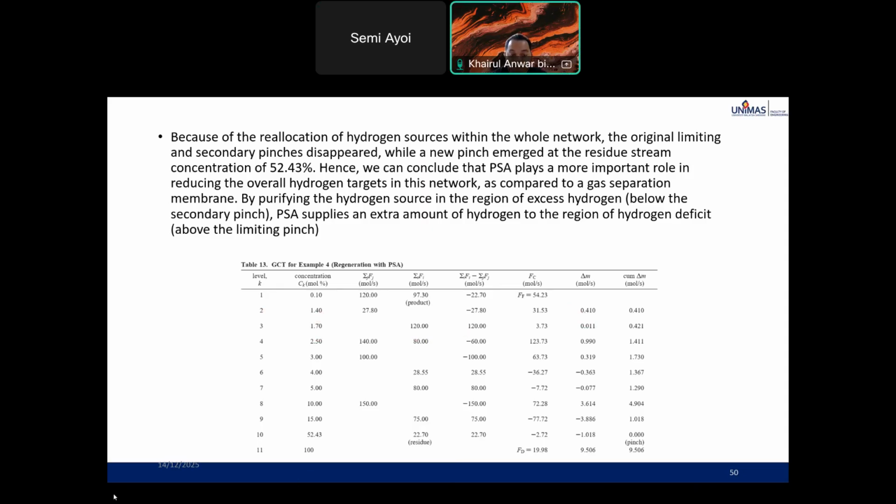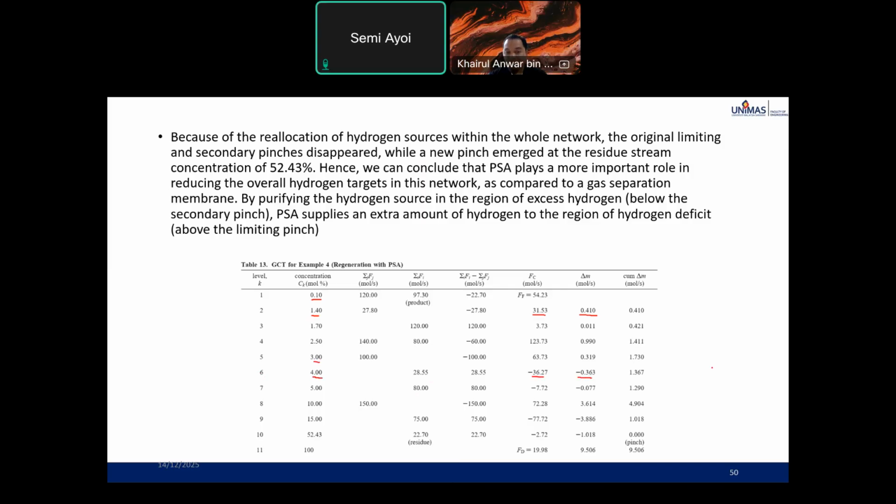Okay, for the first one, it's actually a multiplication of FC with C2 minus C1. Let's say this one, level 6. So for delta M, at level 6, FC multiplied by 4 minus 3.